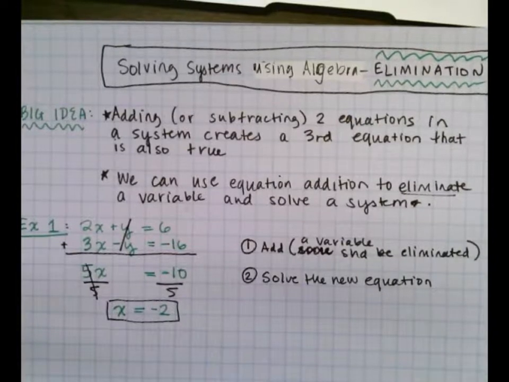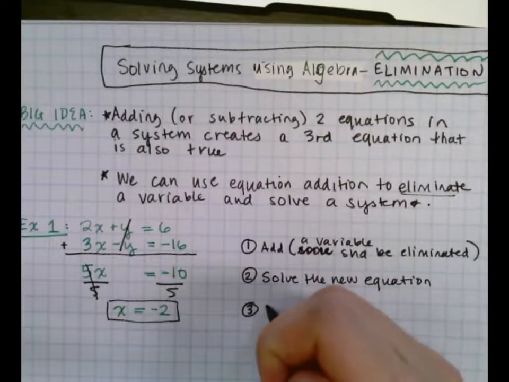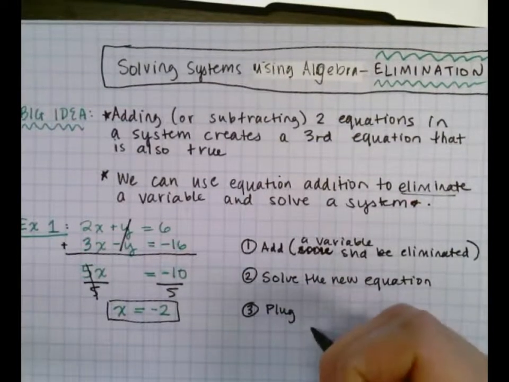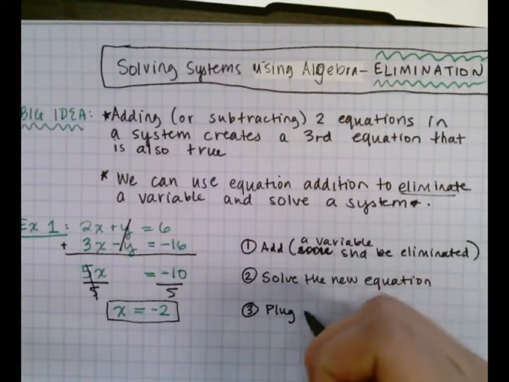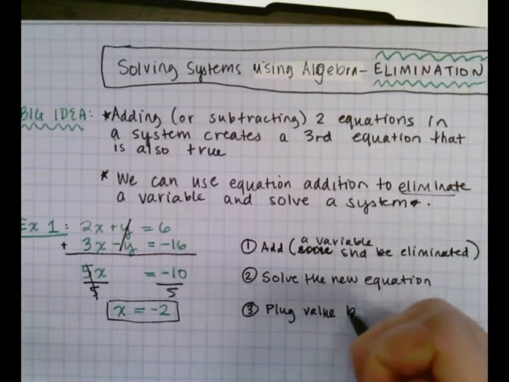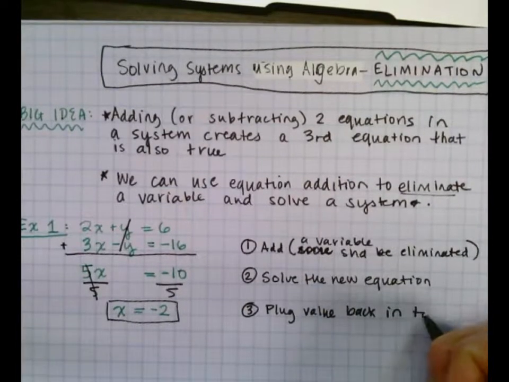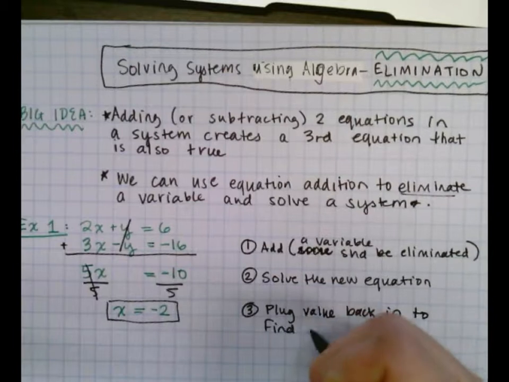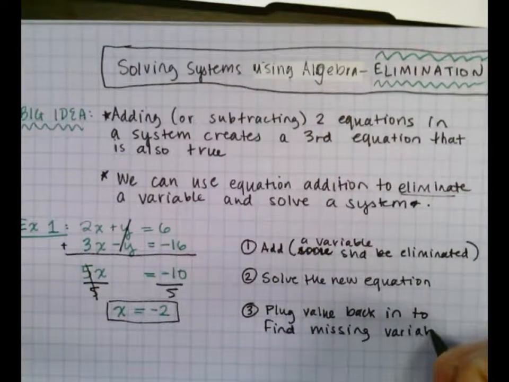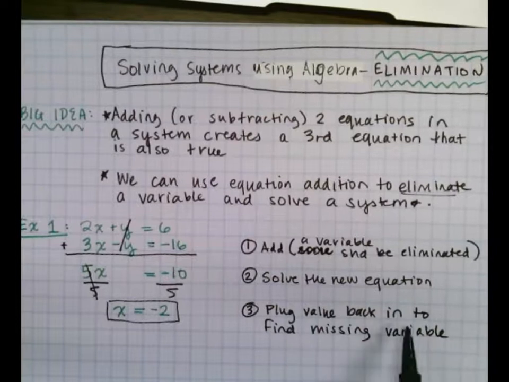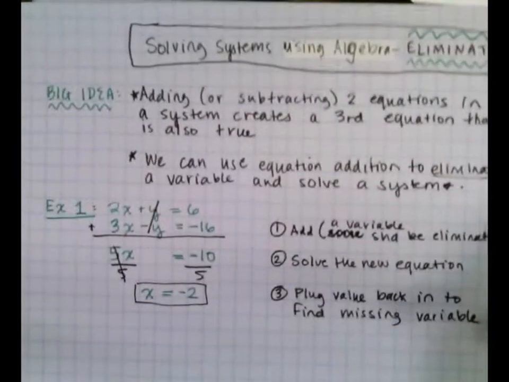But now that I know x, it's not too hard to find y, because what I can do is plug back in to one of my two original equations. I can plug in negative 2 for x and solve to find y. So I'm writing, we're going to plug the value back in to find the missing variable.